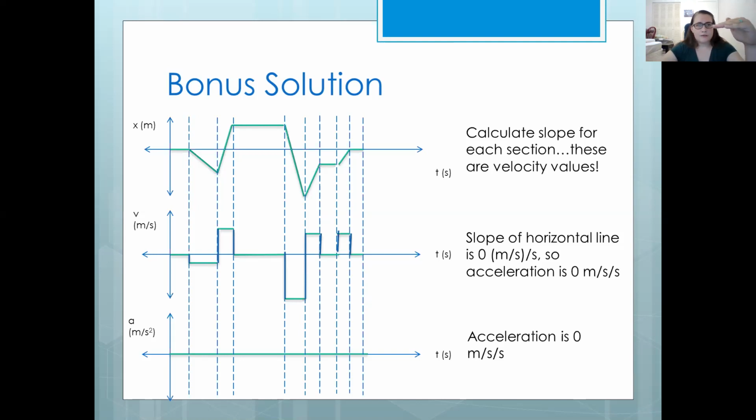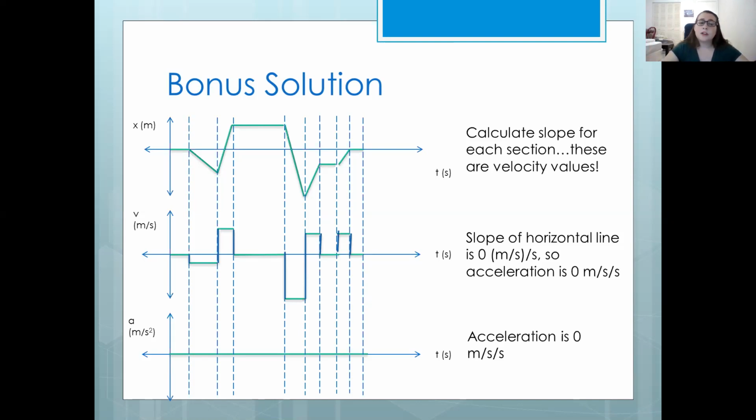Next section, we have our constant position, because it's a horizontal line. Slope of a horizontal line is 0, so velocity was 0. And that's a horizontal line, so the slope of that is also 0. So you break down each section individually, taking the slopes as you go. And this velocity time graph has a kind of stepwise function look to it.